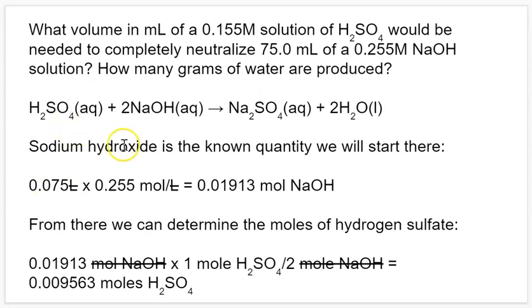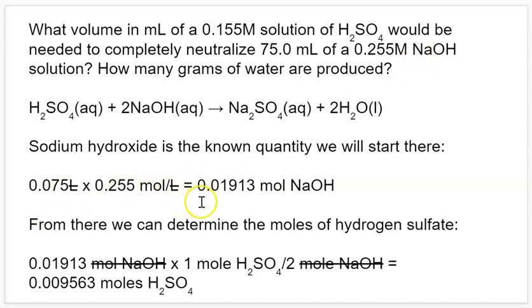Next, we can get into the actual stoichiometry. We know that sodium hydroxide is our known quantity since we know both its volume and its concentration, and we're trying to solve for the volume of this sulfuric acid solution. So we'll start with the sodium hydroxide. We take our 75 milliliters, convert that into liters, and multiply that by 0.255 moles per liter, its concentration.